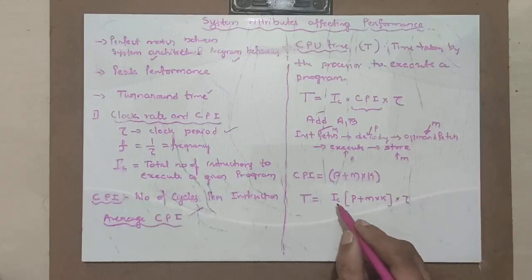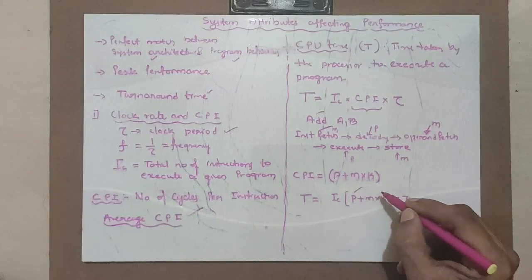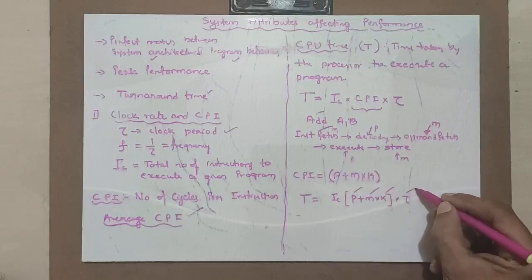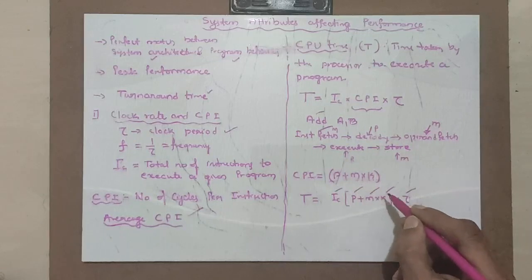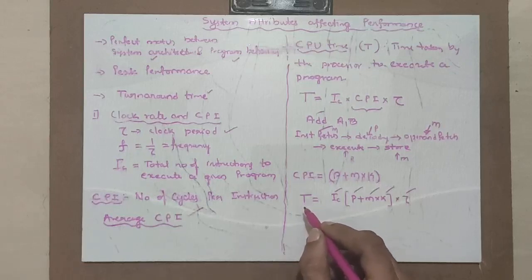Hence these 5 factors, whatever I am talking about now: instruction count, processor operation, memory operation, latency and time period, these are the 5 factors which are considered as performance factors. Okay, these are very important. Let us relate this with the system attributes in the next slide.